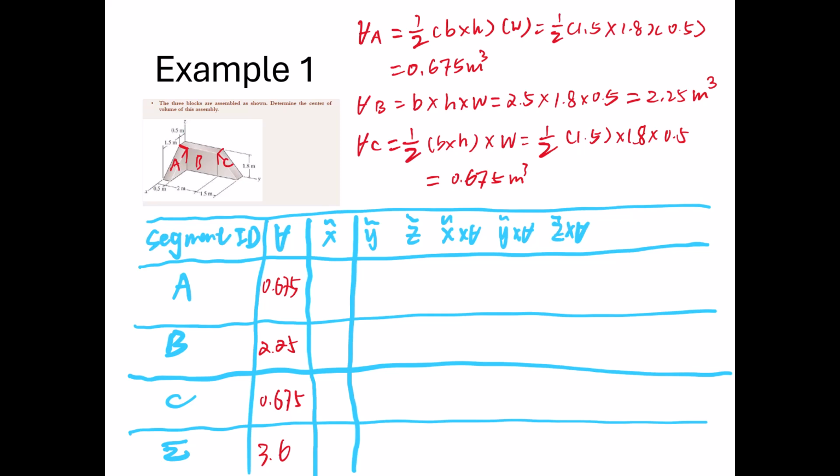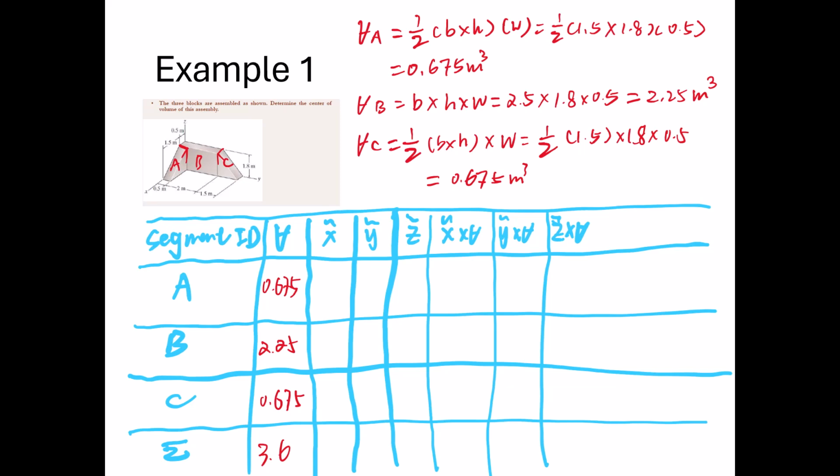So for shape A, the centroid X will be 1.0, Y will be 0.25, Z will be 0.6.